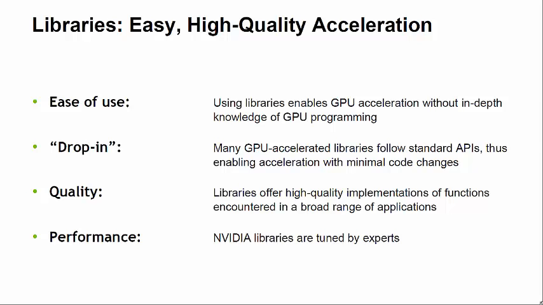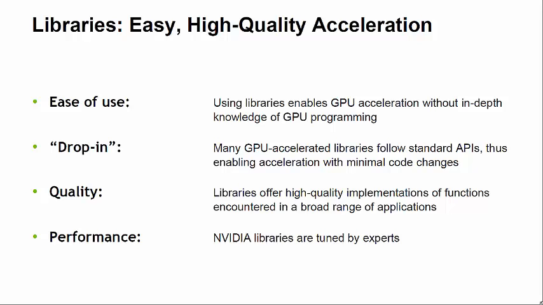It's quite easy to implement a GPU library. They're high quality, by which we mean not only that they're fast, but they're also bug-free. And finally, they're tuned by experts. So they will be, in almost every case, faster than something you may spend weeks writing yourself.